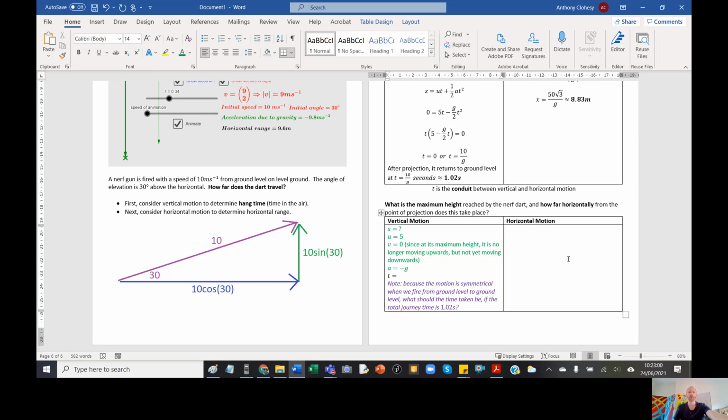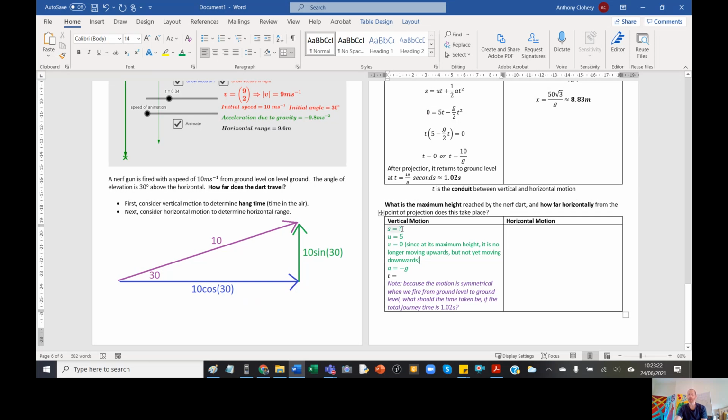And at that moment, the velocity is technically 0. It only happens for a single instant in time, but that's the point when it's at its maximum height, because it was moving upwards just a fraction of a second before that moment. So it was getting higher and higher all the way until that point. But as soon as that moment has passed, it starts moving downwards, so it's not going to get any higher again.